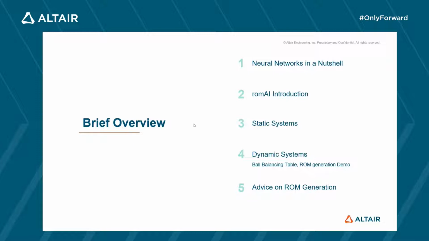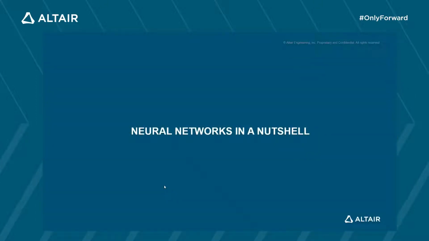I will also give you a small demonstration with the ball balancing table, which is what was used with the previous competition. And finally, we'll cover a few tips with regards to ROM generation in order to make the process a little easier.